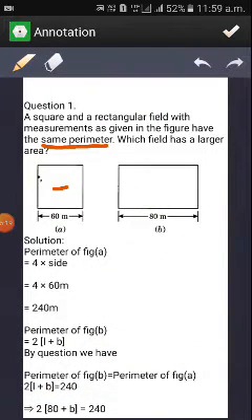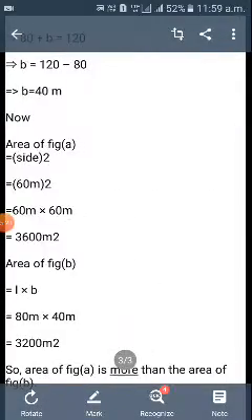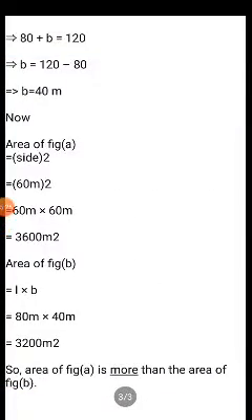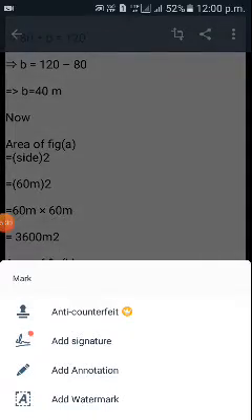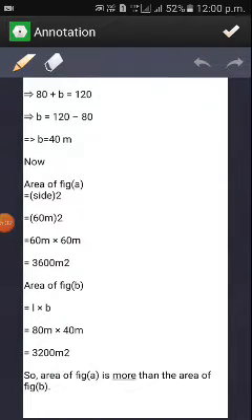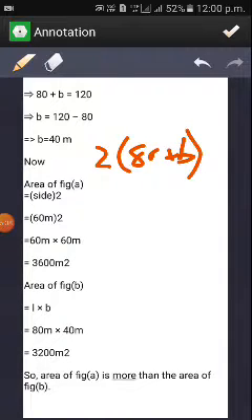Now solving this equation, we had arrived at this step, twice 80 plus b equal to 240.